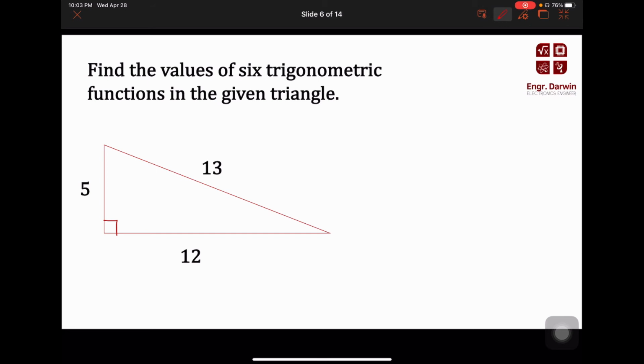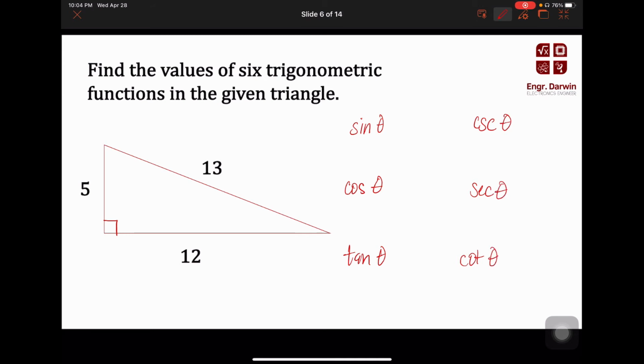Hanapin daw natin yung 6 trigonometric ratios or functions, which is yung sine, cosine, tangent, then yung mga opposite or reciprocal function niya is cosecant, secant, and cotangent theta.